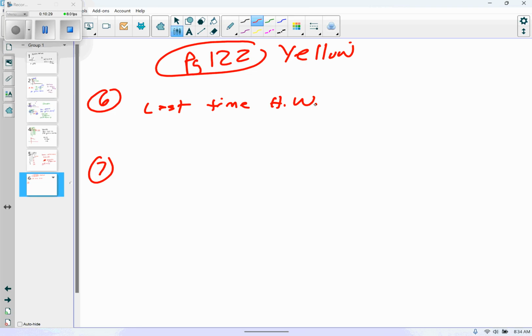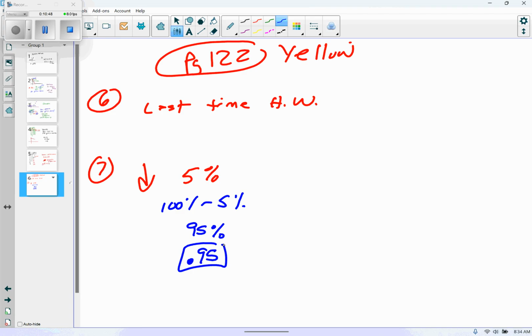Okay, so something that decays is decreasing. So with 5%, I'm going to go 100% minus 5%. That's going to give me 95%. The reason I'm not adding it is because we are decaying, we are losing some. So this is going to be 0.95. Okay, so the domain of this is going to be continuous.